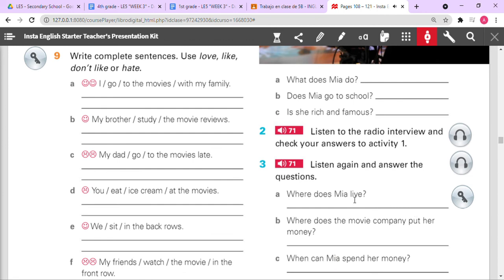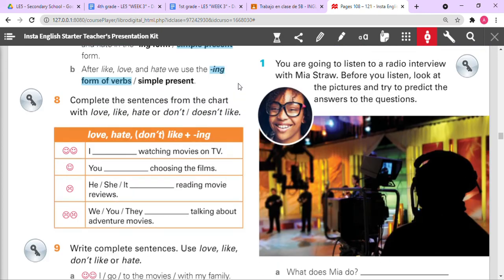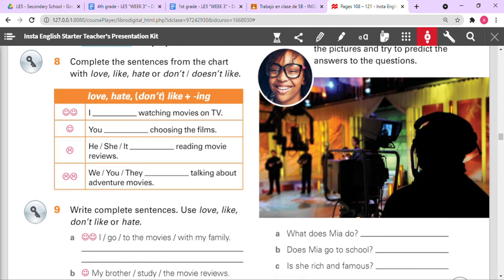Okay, this was our listening about Mia Straw. Now, according to the audio, what does Mia do? She's a child actress. Exactly. Actor is for boys, actress is for girls.